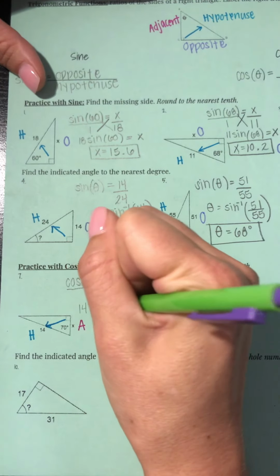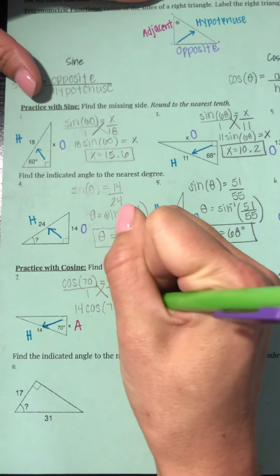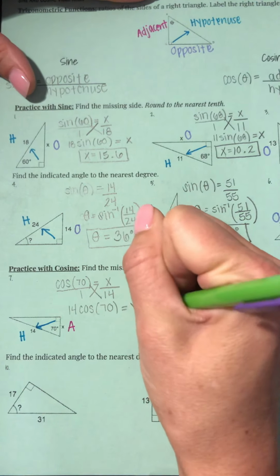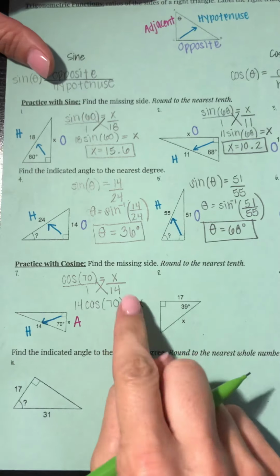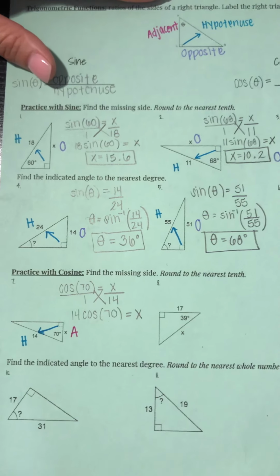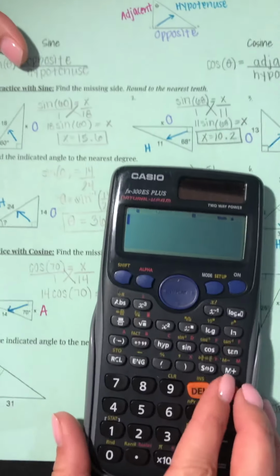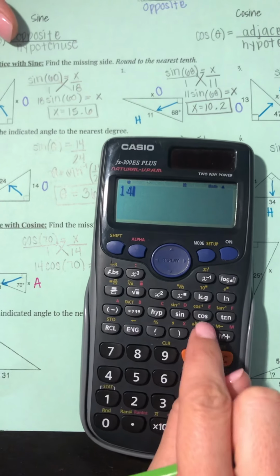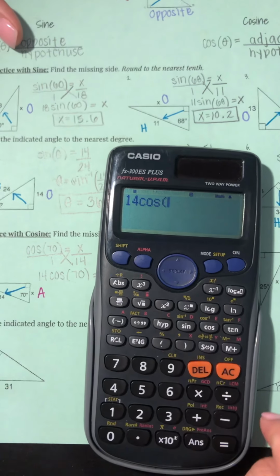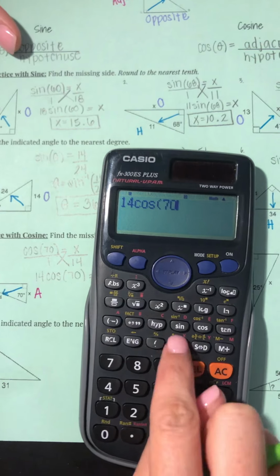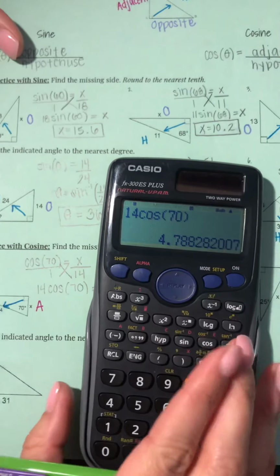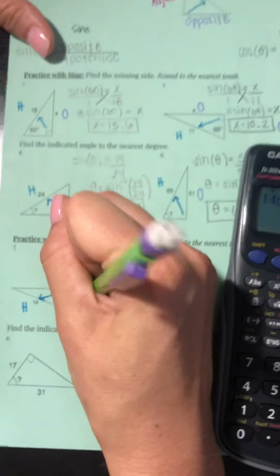So 14 times cosine of 70 equals x. So since x is alone, then I could just go ahead and put it in the calculator. So 14 cosine of 70, and then rounding it would be about 4.8.